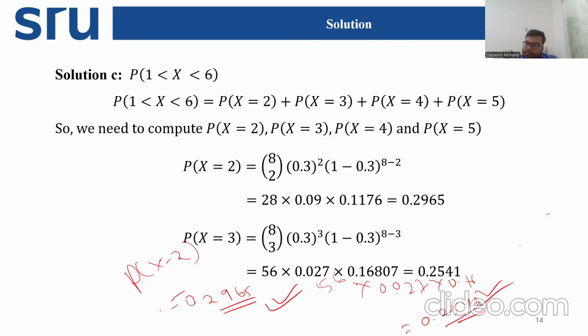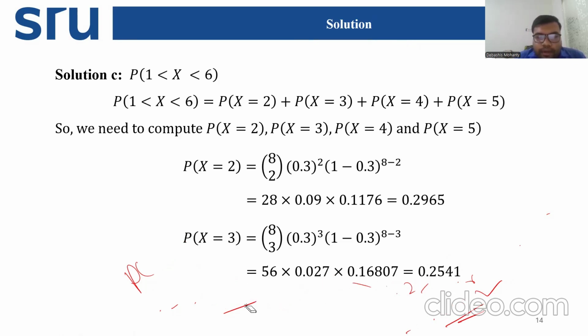Okay, students. So let's see the values. Probability of x equals 2 is 0.2965.